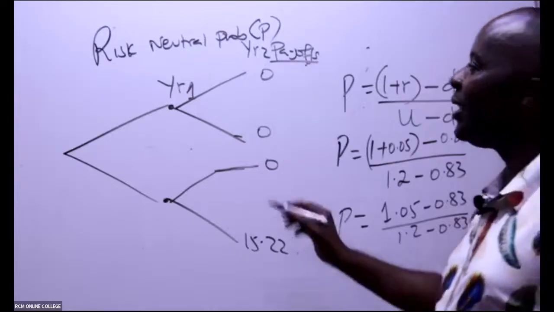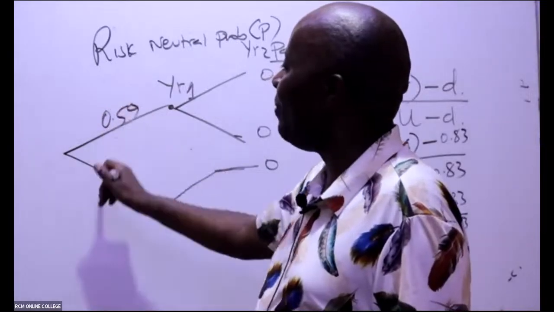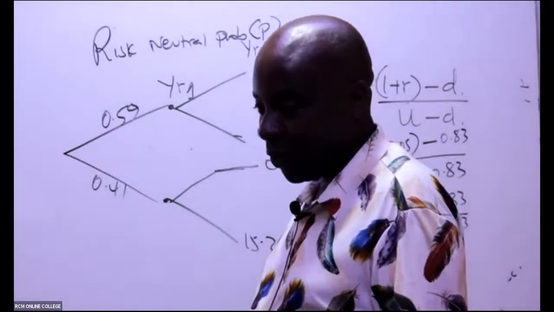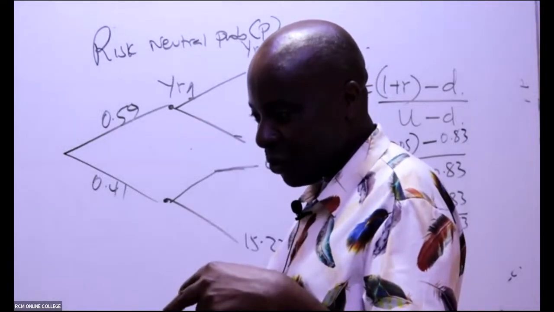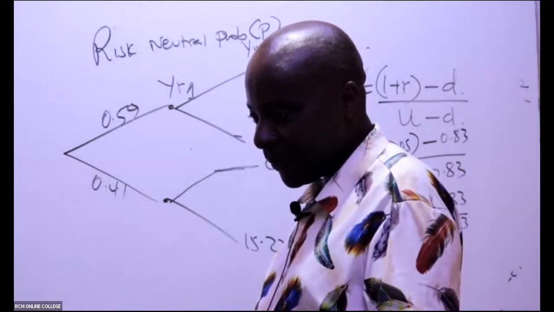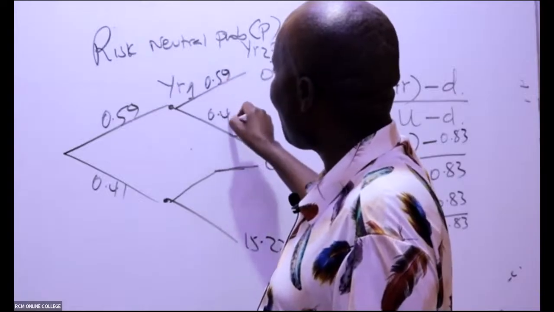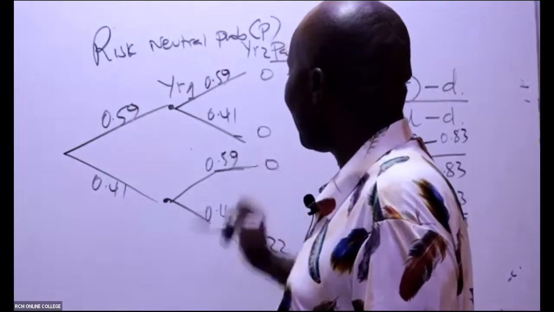So this risk-neutral probability is 0.59, meaning that this other one here will be 0.41, because it's binomial. So the same you apply here: 0.59, 0.41 like that.